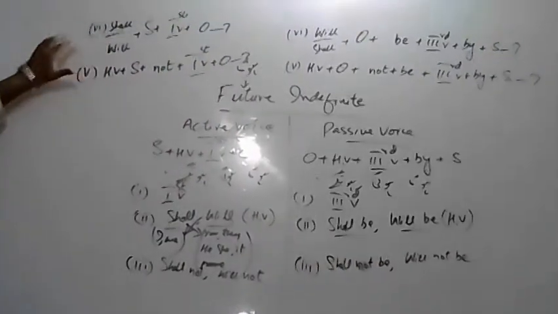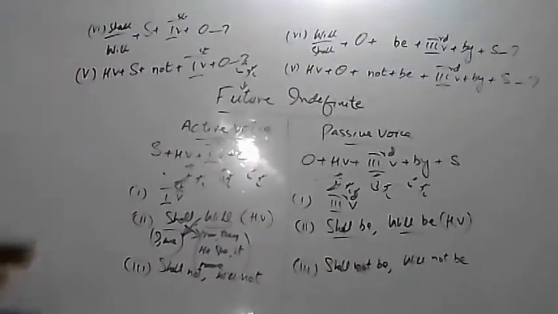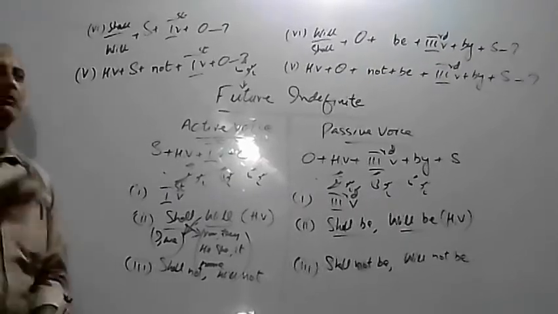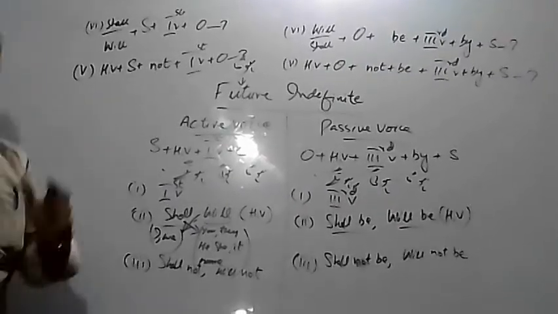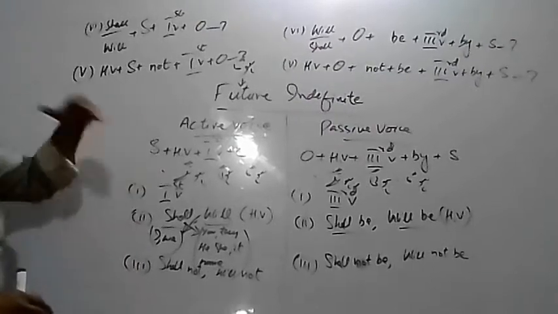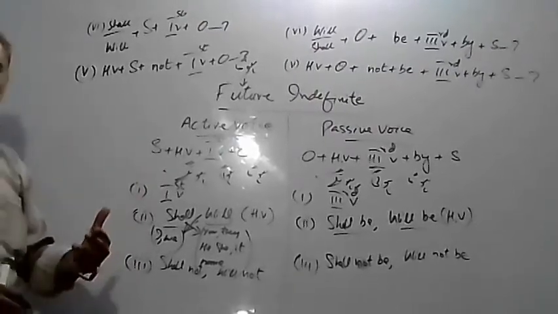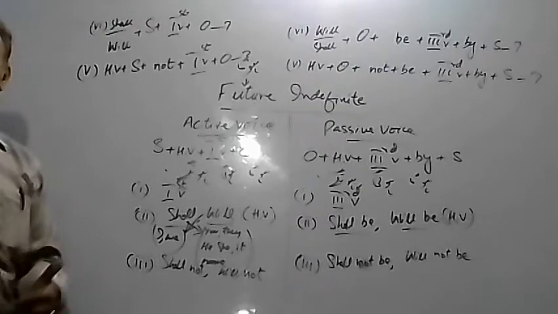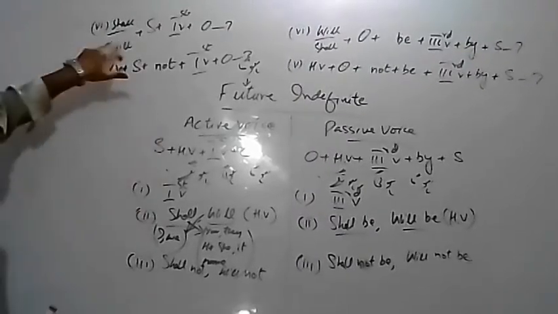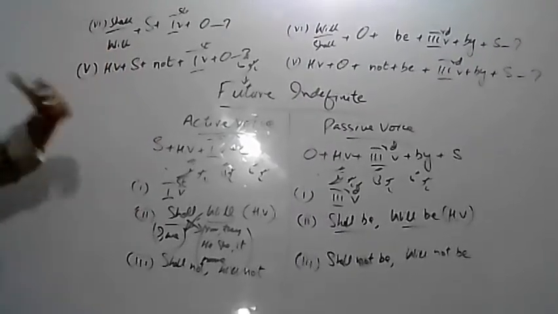Clear? And making the sentence interrogative is one of the most important elements. Why? Because most of the students do not pay attention to how and where they have to convert a sentence into an interrogative sentence. Okay? So, very clear, very easy.